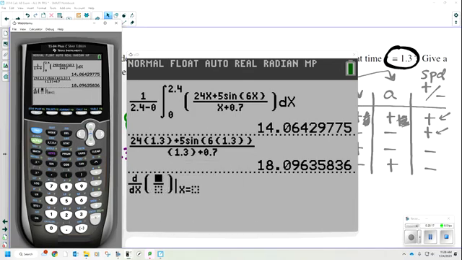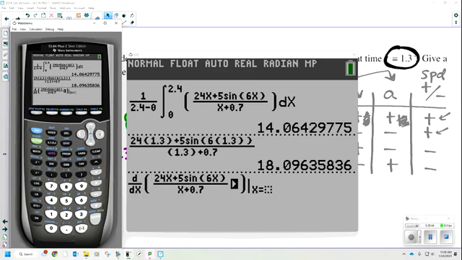This is the function, I should say, of which I want to take the derivative. Don't find the derivative of it and put that in. Put the function that you want to take the derivative of. That is our 24x plus 5 sine of 6x all over x plus 0.7.